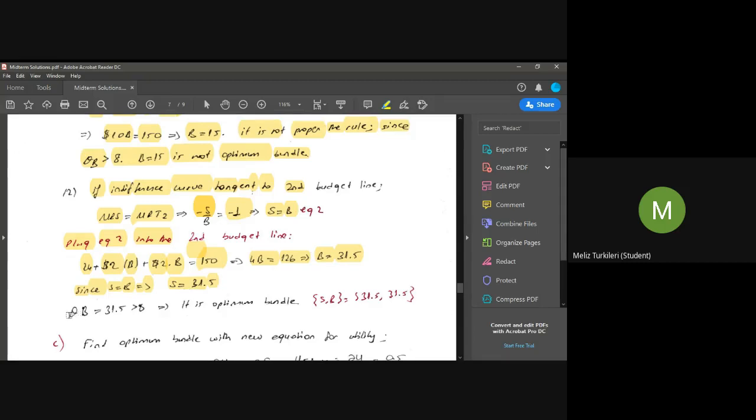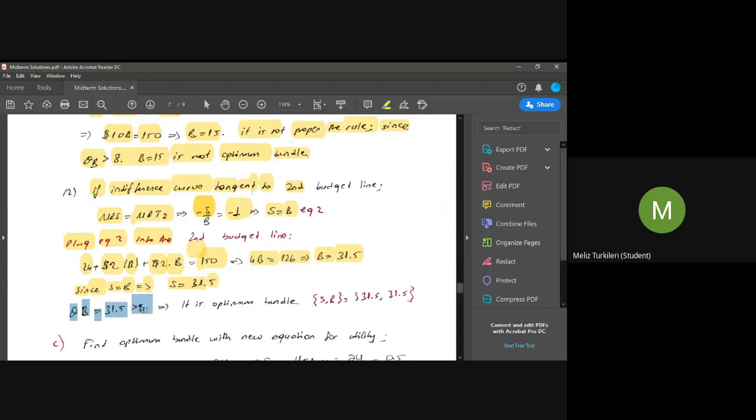recognize that we need to check again the quantity of bags and whether it satisfies our rule for the budget line or not. Recognize that I find out in the equilibrium the quantity of bags is equal to 31.5, which is higher than 8.